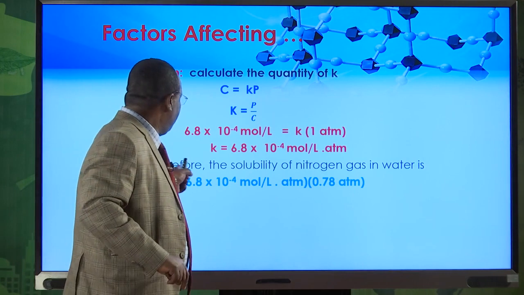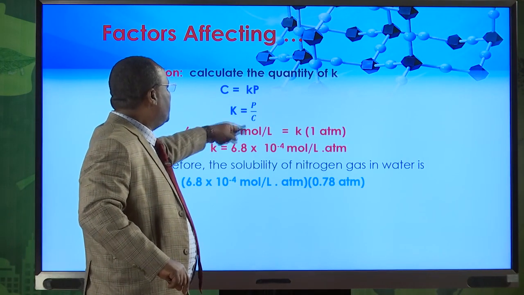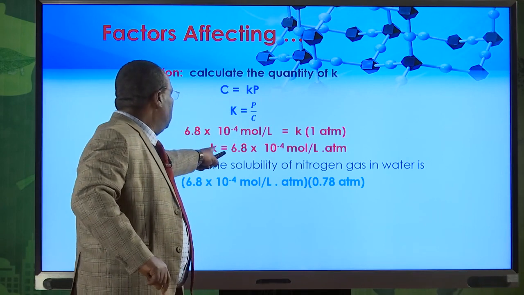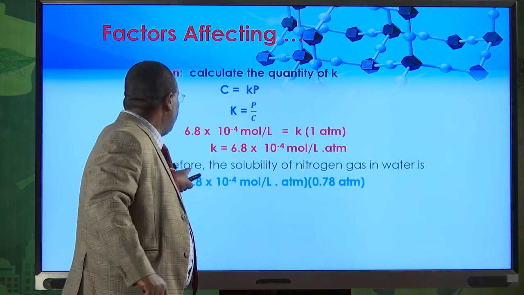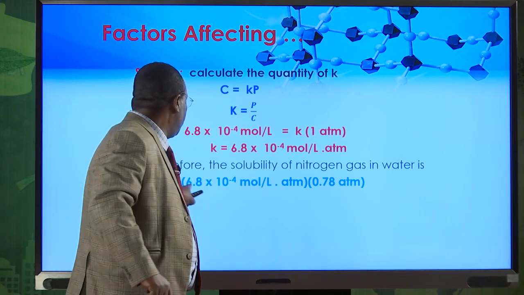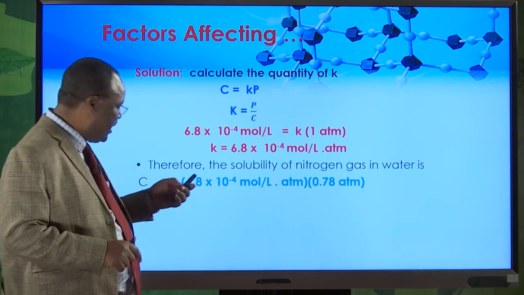Using Henry's law, we calculate Henry's constant. Therefore, the solubility of nitrogen gas in water at this pressure, 0.78 atmosphere, is calculated.